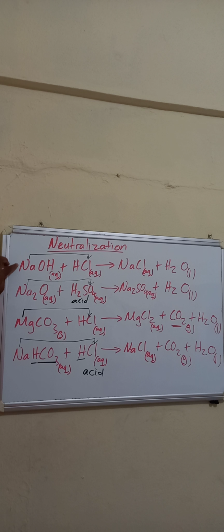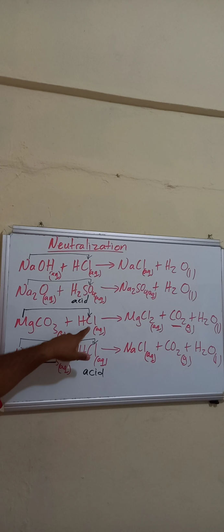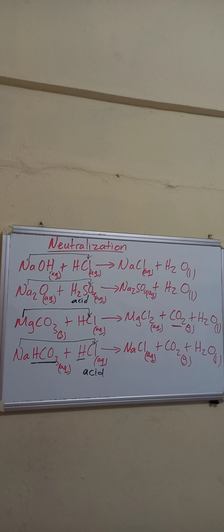Now, these you can use in the solid form or you can make a solution with them. Alright, so if you see aqueous, it means that we're using a solution. If you see solid, it means we're taking some of the solid compound and adding it to the solution of the acid.